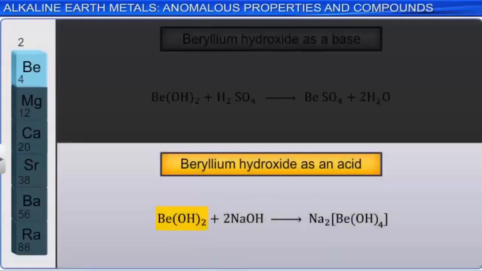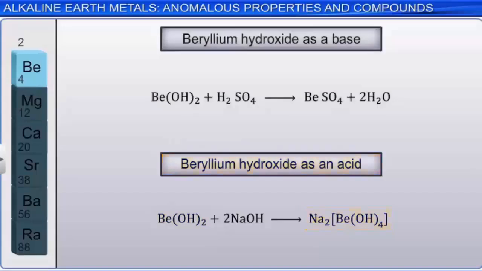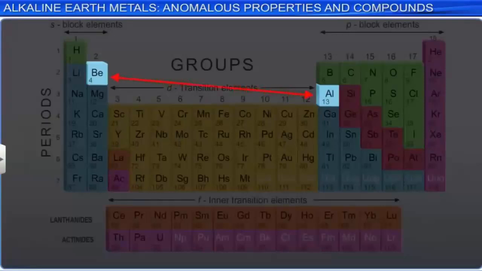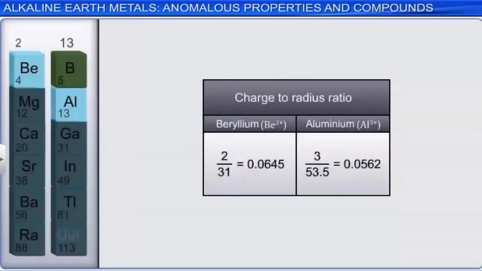In several ways, beryllium behaves more like aluminium than the other group 2 elements. It's worth being familiar with the details of this diagonal relationship. First, the beryllium ion and aluminium ion have similar charge to radius ratios as shown here.